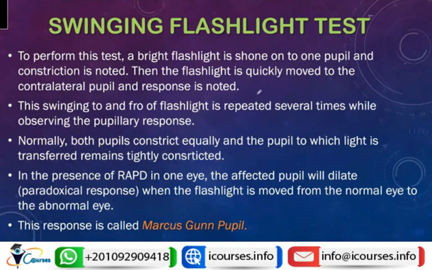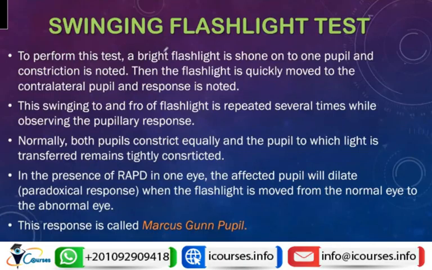So this test is simply, you just shine the light at one eye, the normal eye, so both pupils will constrict. In this condition, this is because of normal direct light reflex, and there will be normal indirect light reflex. But when we are swinging to the other eye, which is the abnormal eye, it will undergo dilatation instead of constriction.